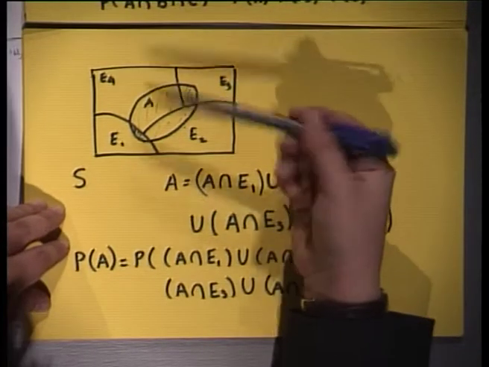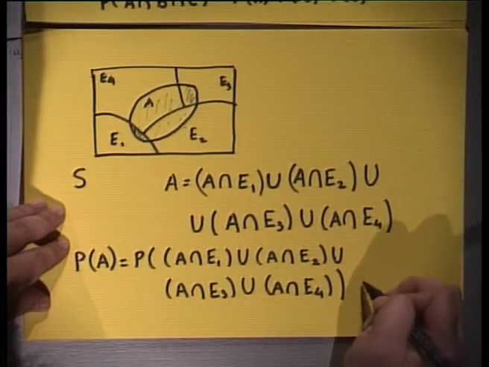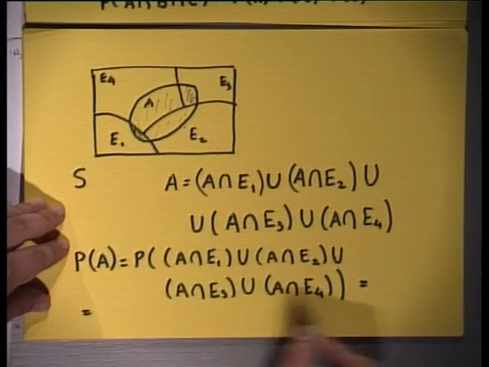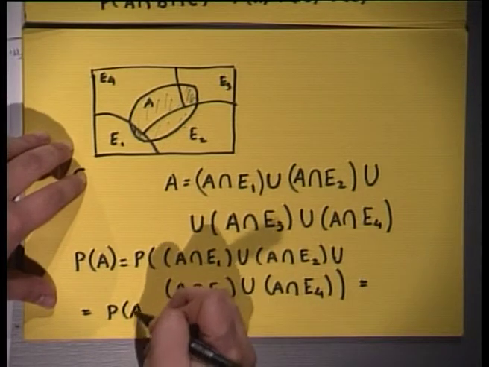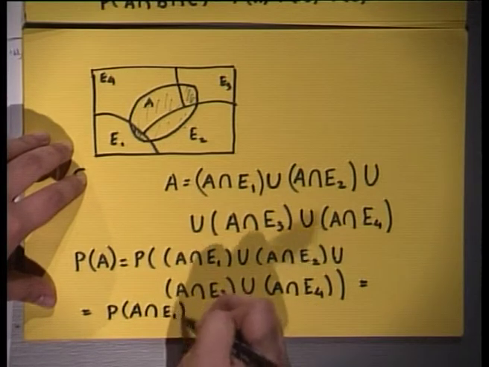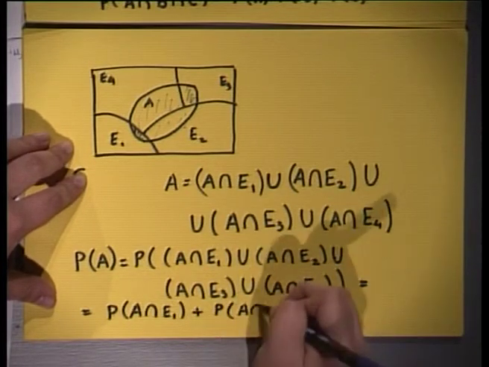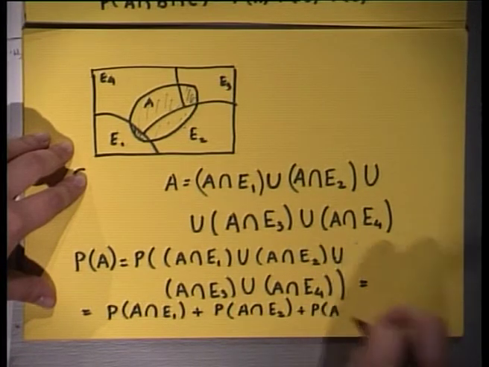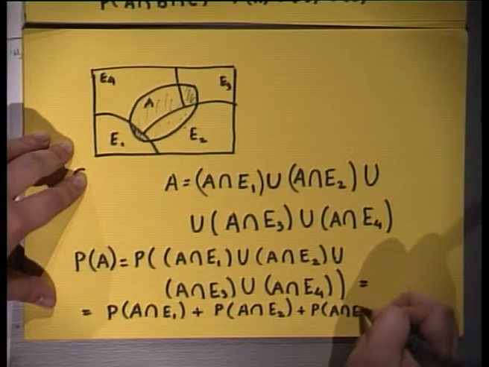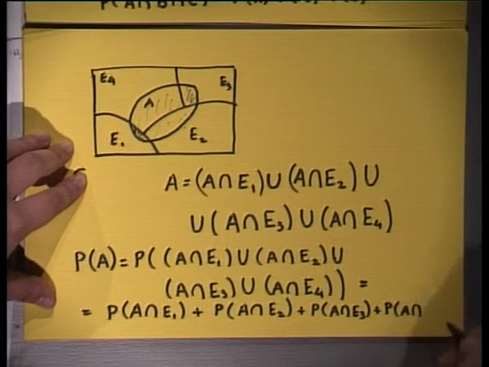So we see that these are mutually exclusive events, so we can add up their probabilities. We have the probability of A intersection E1 plus the probability of A intersection E2 plus the probability of A intersection E3 plus the probability of A intersection E4.